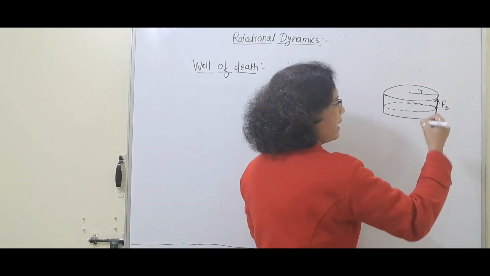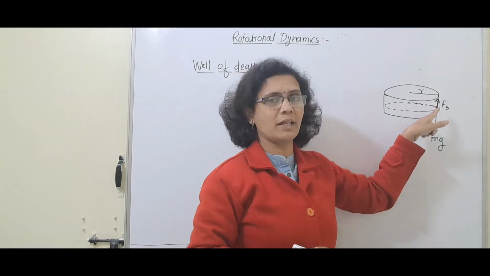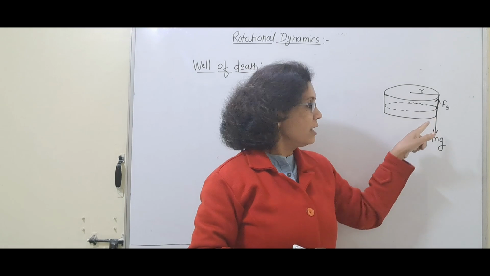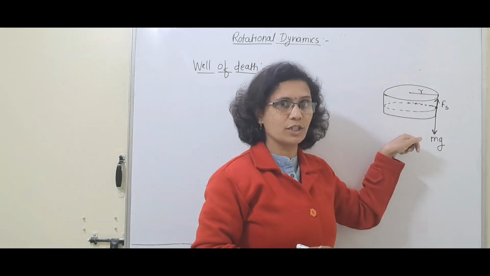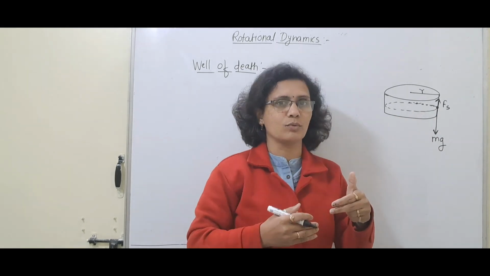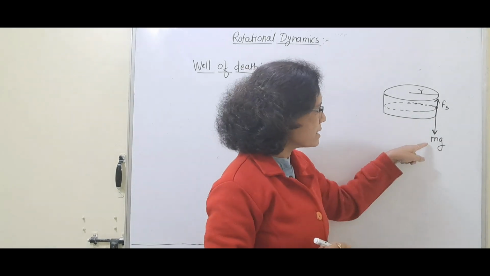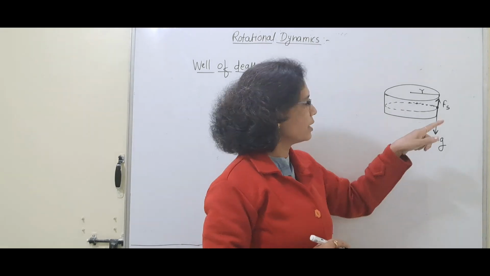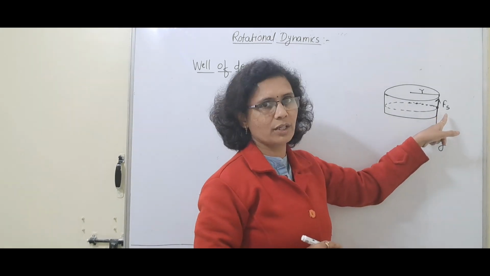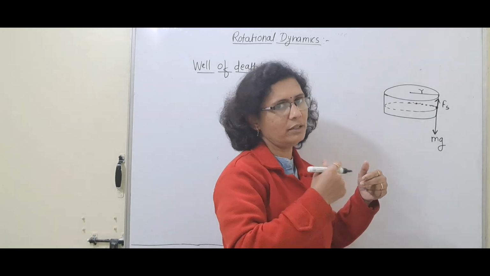I will denote it by Fs. This static friction must be there. If it is not there, due to the downward weight force mg, the motorcyclist will slip down. To avoid this, one force must balance the weight force mg, and that is the static friction present between the tire and the wall of the well.